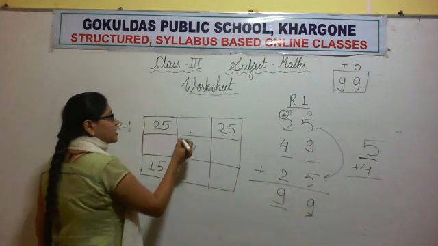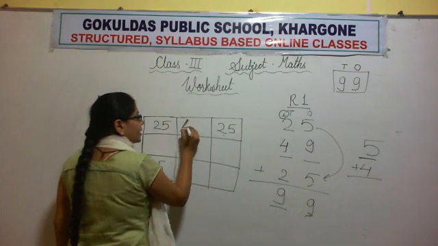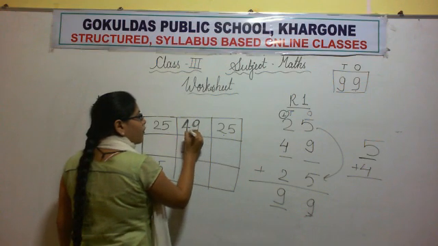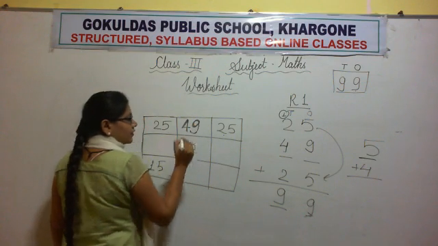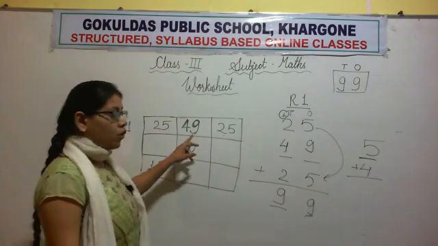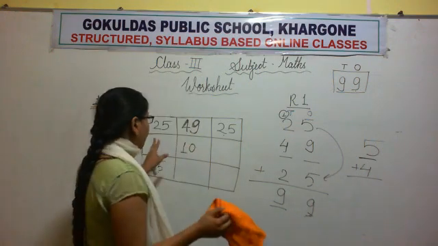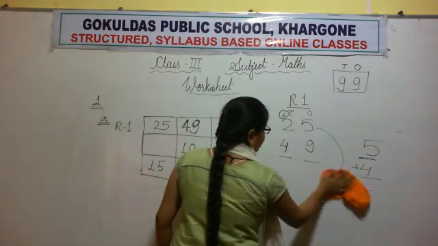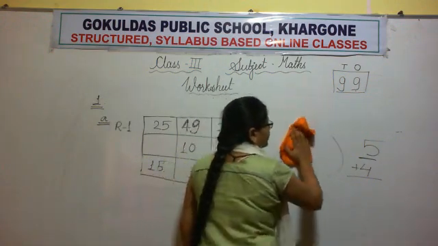The number is 49. So we will write 49 here. Okay, I'm making it bold for differentiating between all these boxes which we have found out.